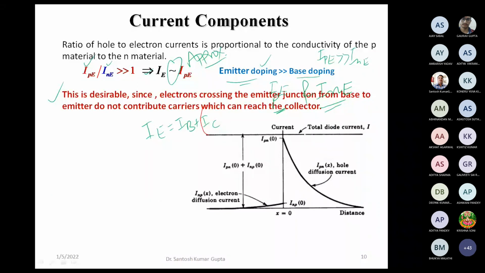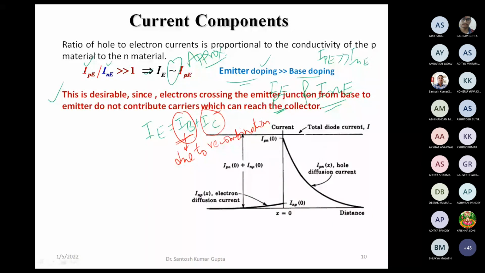The base current is due to recombination inside the base. If IB is large, then IC is going to be small. So ideally we want the base current to be small.